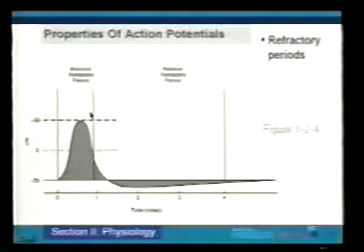Now, they also expect you to understand the mechanism of the absolute refractory period. The mechanism is the deactivation of the voltage-gated sodium channels. These channels open quickly and they close quickly, and they will not respond to a second stimulus until the cell repolarizes.